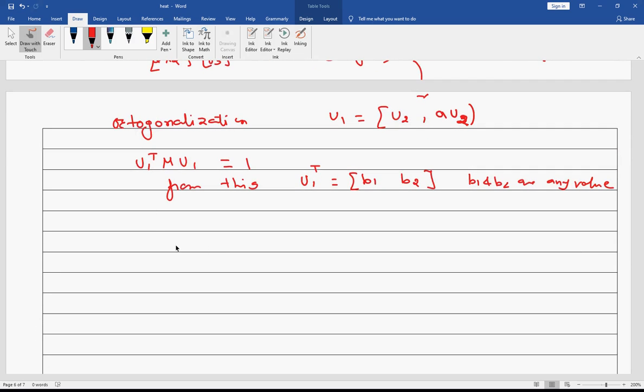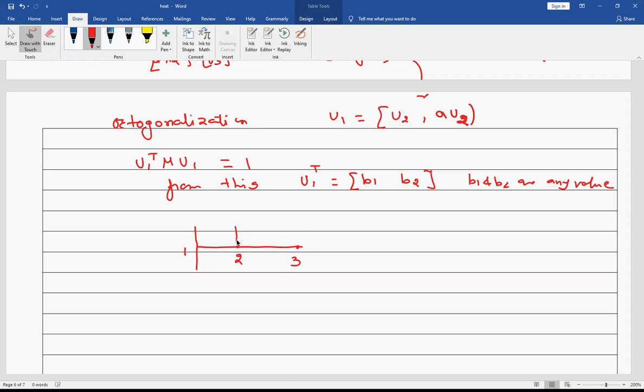Now once that is done, I am ready to plot the shape function. Let us say my element starts at 1, this is another point 2, and this is another point, let us say 3.